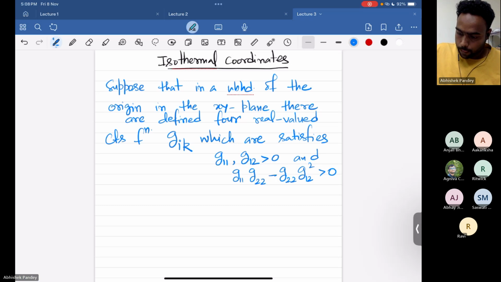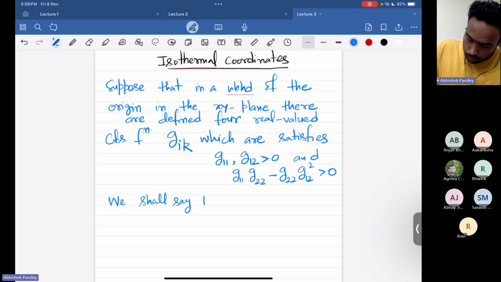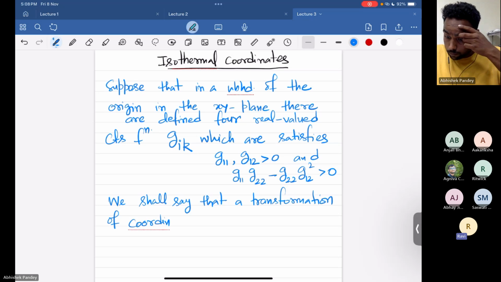Now we shall say that transformation of... Is it G11, G22 or G11, G12? You said G11, G12 is strictly positive.